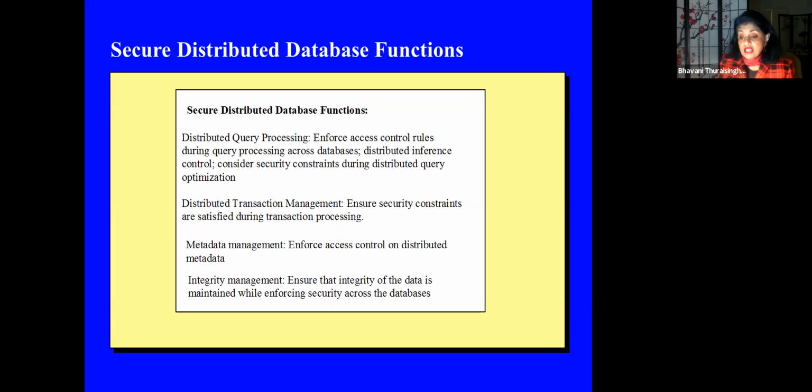Metadata management, again, you enforce access control on the distributed metadata, because your metadata, that's data about the data, could be distributed. Integrity management, again, ensure integrity of the data is maintained while enforcing security across the databases, right? So everything here you are looking at, enforcing across the different databases.